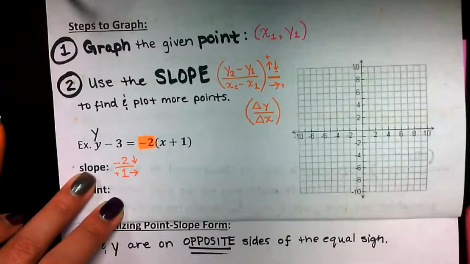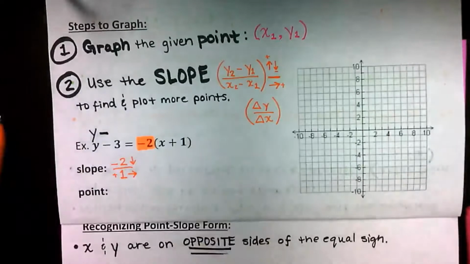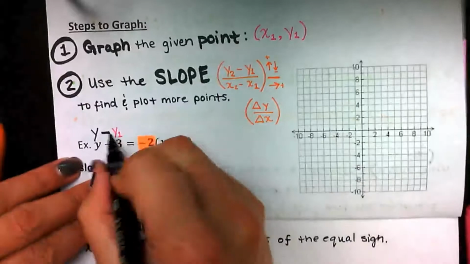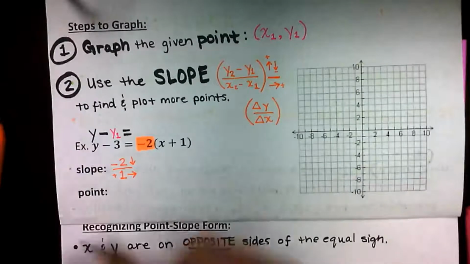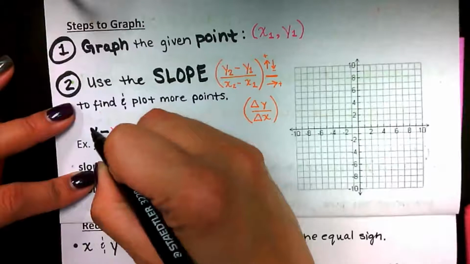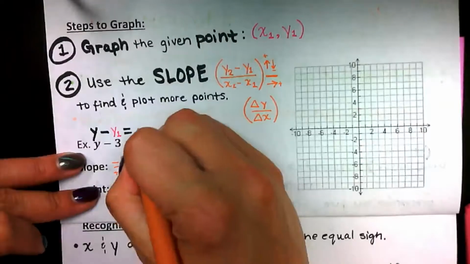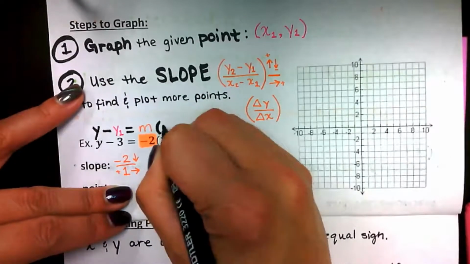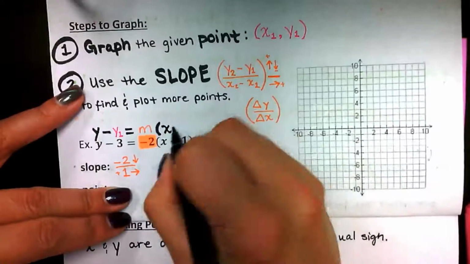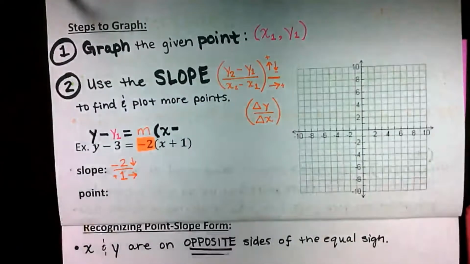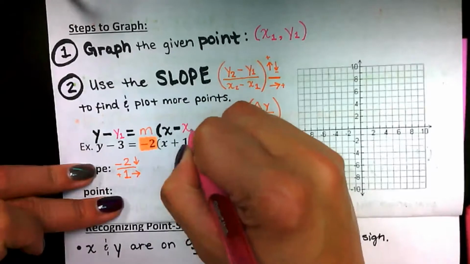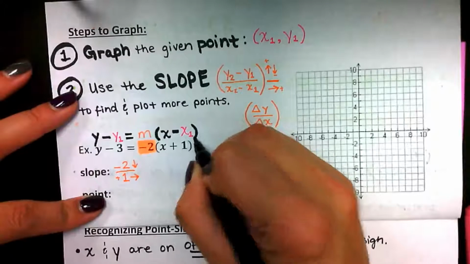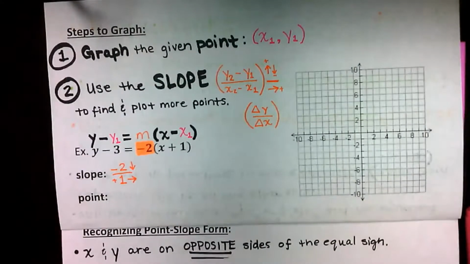And it says y minus y sub 1 equals m parentheses x minus x sub 1.